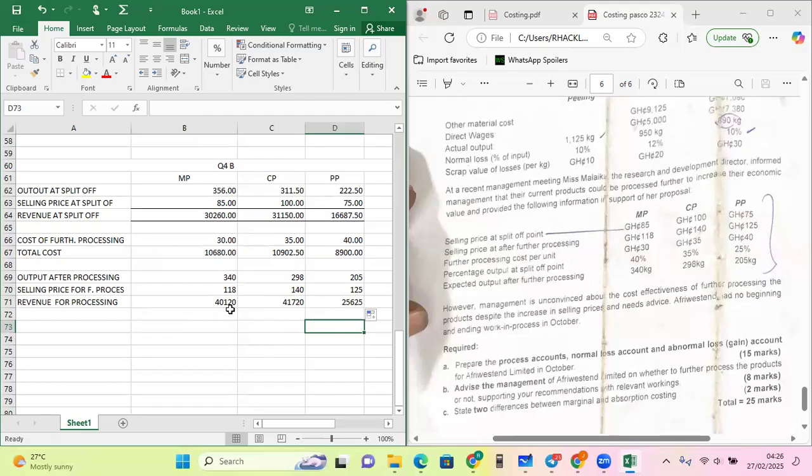Right. Now, because this revenue is going to incur a cost, we can treat this two ways. Either we subtract the cost from this revenue and then get the net profit, or let's check for the incremental.